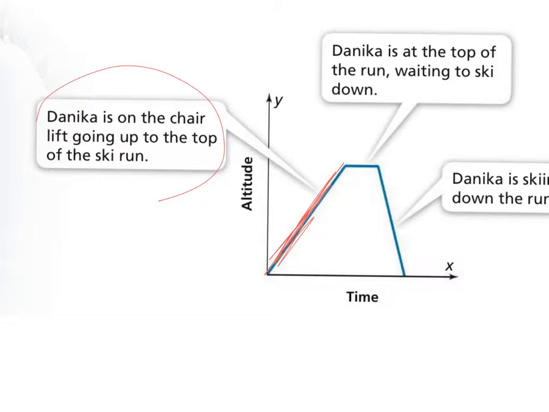So they're saying that she's on a chairlift going up to the top of the ski run. And then we have a constant section here. So she's waiting. She's staying at that same altitude waiting to go down. And then the last part there, it's decreasing. So that's when she's skiing down. And then she gets back to the altitude that she started at.